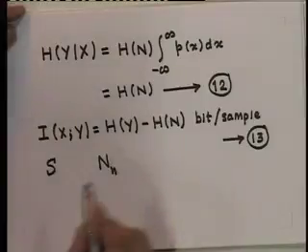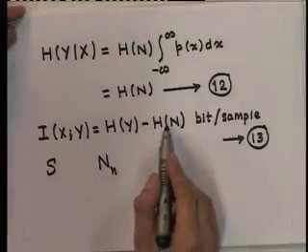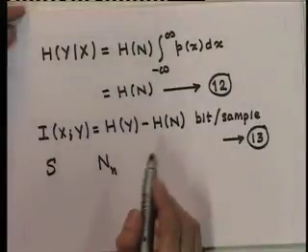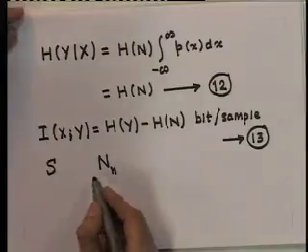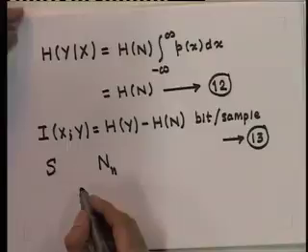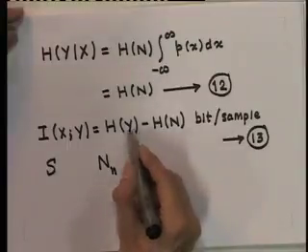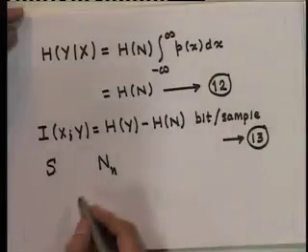Now, we shall assume that the signal x(t) and the noise n(t) are independent. In such a case, the mean square value of y will be the sum of the mean square values of x and n.